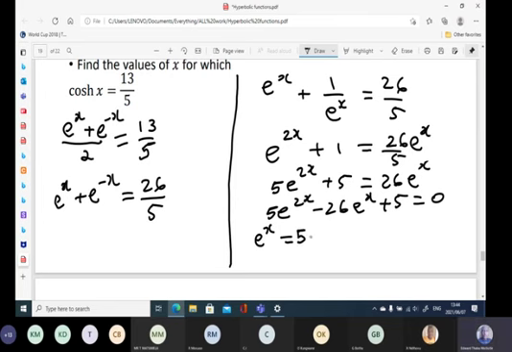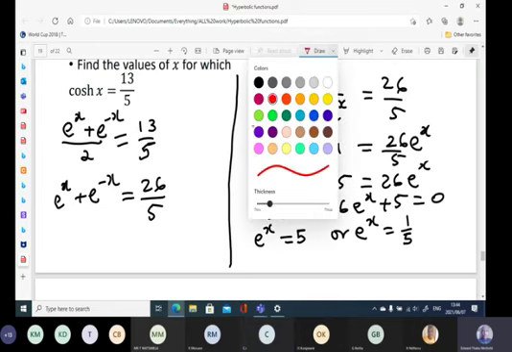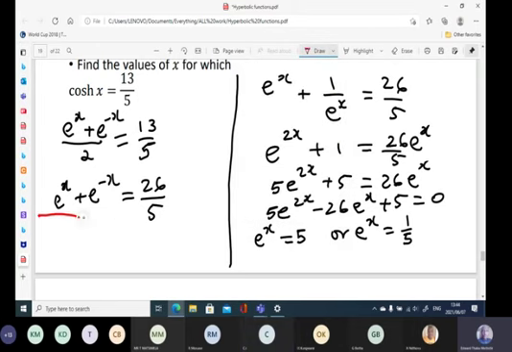So I'll get it from you. Here it gives me 5, or e to the power x is equals to 1 over 5. I don't know if you're getting that. If it's wrong, you'll explain to me. That's what I got. Okay, using a calculator.